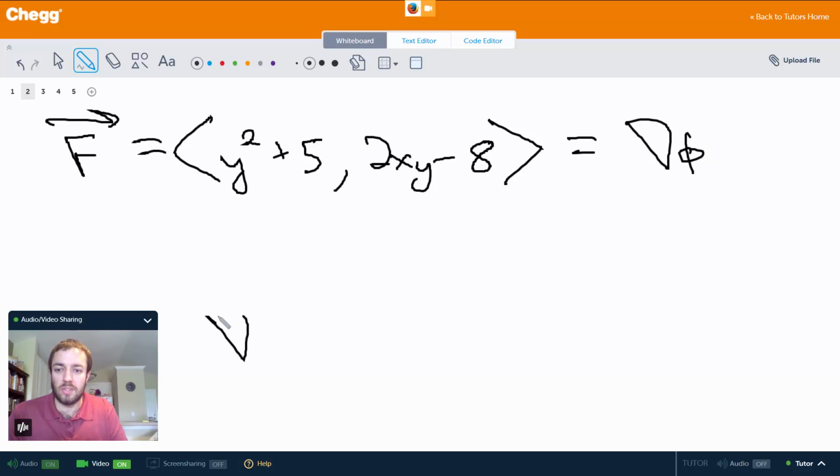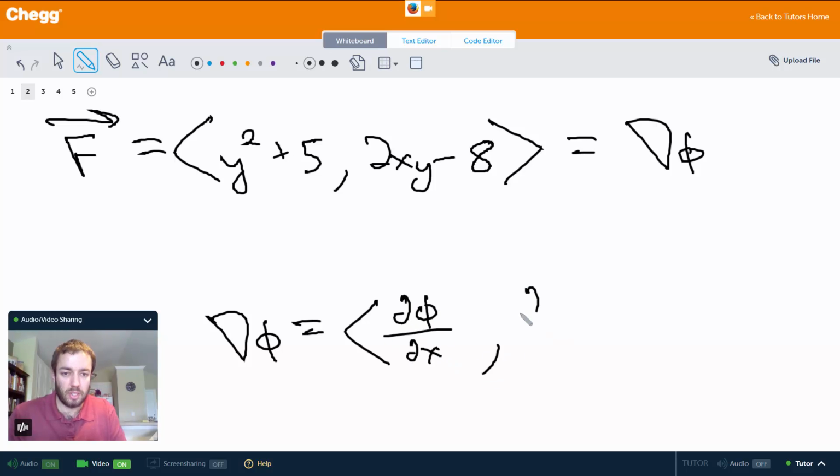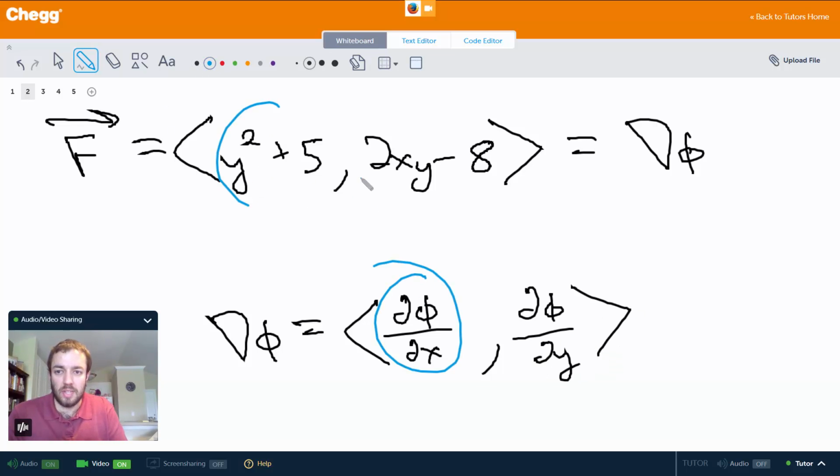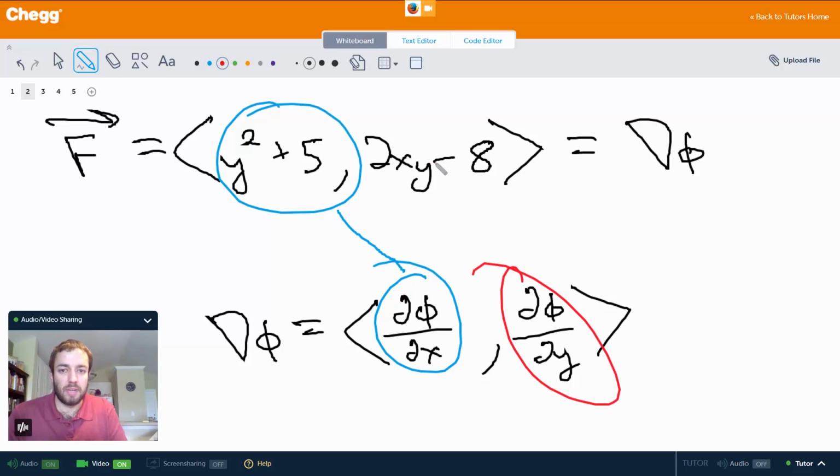So remember, the gradient of a function phi is really del phi del x, comma, del phi del y. So what that means then is that del phi del x equals y squared plus 5, and del phi del y equals 2xy minus 8.